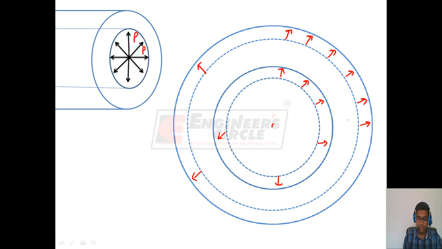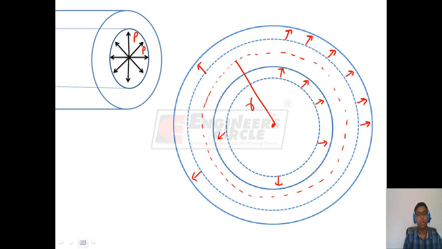Also, at any radius r inside the material of the cylinder, the cross section at any distance r has also displaced by a distance ur.